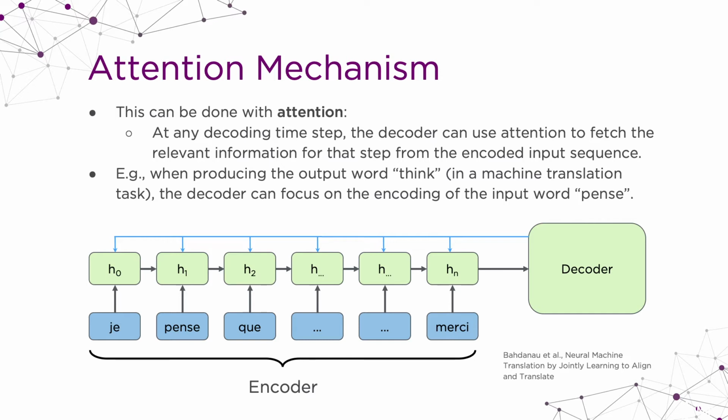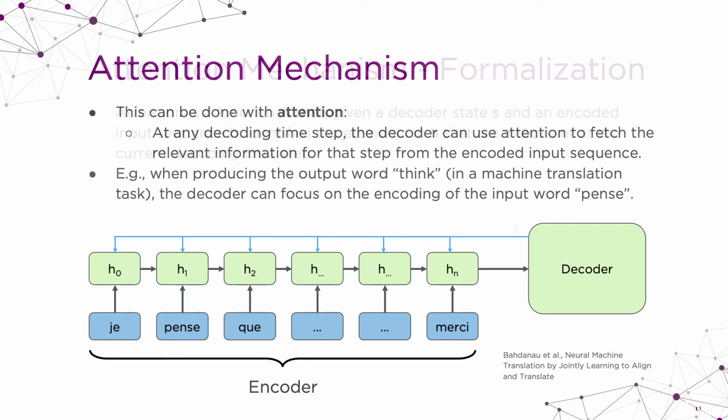To give an example, if the decoder is trying to produce the word "thing", the translation for the word "pons", we would like this attention mechanism to look back at the input and extract the information from the word "pons", to understand which word in this sequence is important for the current state, where the current state in this case is to produce the word "thing".